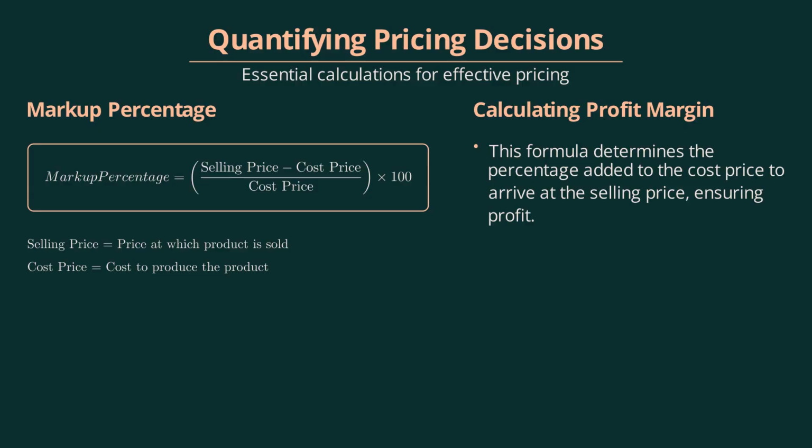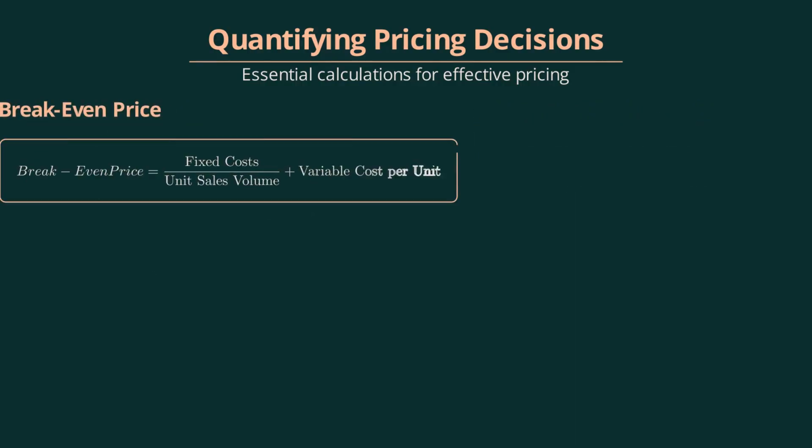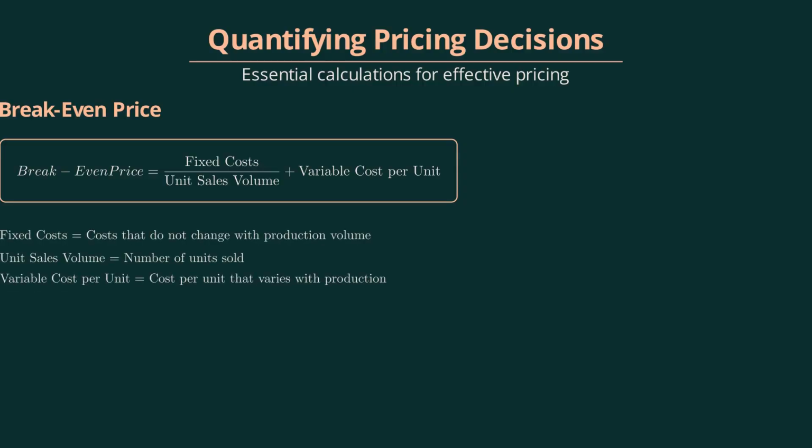Next, let's understand the break-even price, a critical concept for knowing the minimum price needed to cover all your expenses. The break-even price is calculated by dividing fixed costs by unit sales volume, then adding the variable cost per unit. Fixed costs are those expenses, like rent, that remain constant regardless of your production volume.